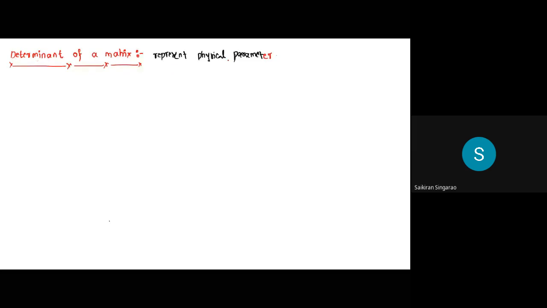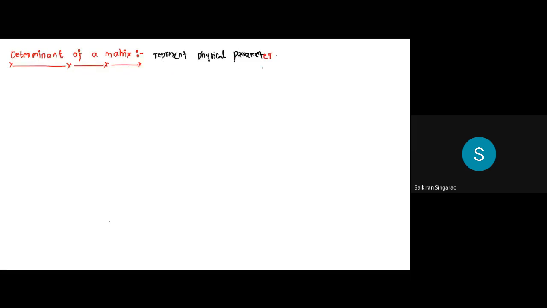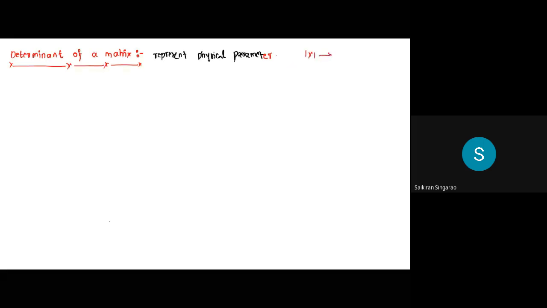So see, sir, if it represents a physical parameter, it would change based on the number of dimensions you are in. If it's a 1 cross 1, or one-dimension system, 1D system, it will show length. If it's a 2D system, how many axes will you have? Only 2 axes, so it will show area. If it's a 3D system, you'll have volume, right?